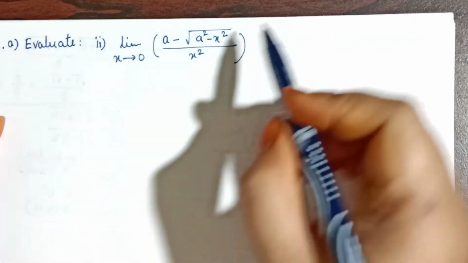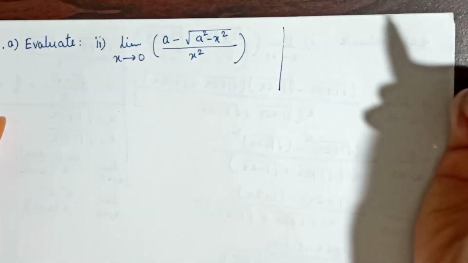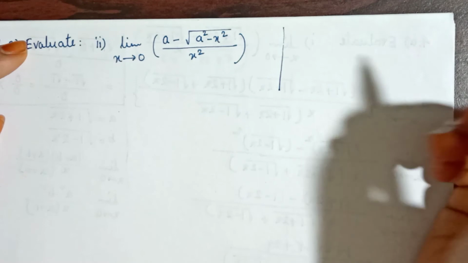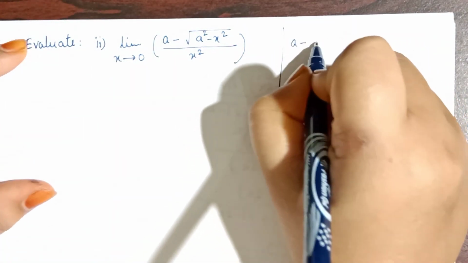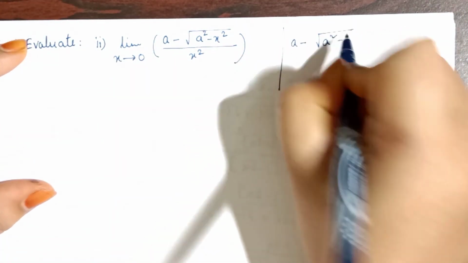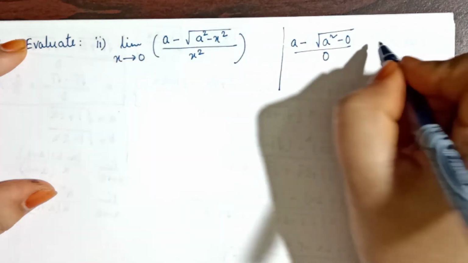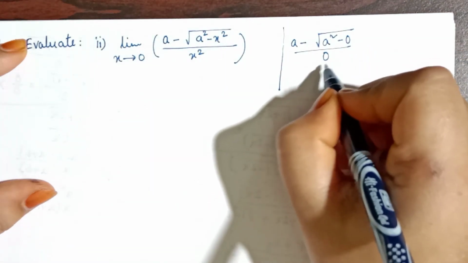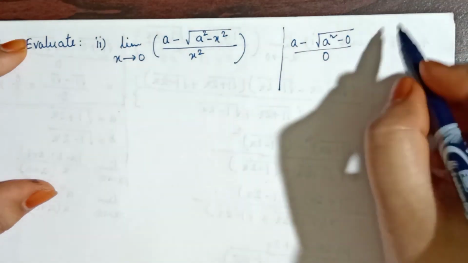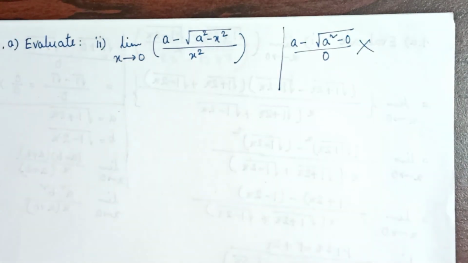Now if we directly substitute x equal to 0, let's see what values we will get. So a minus root over a square minus 0 divided by 0. So you can see that we again get the value divided by 0 here.